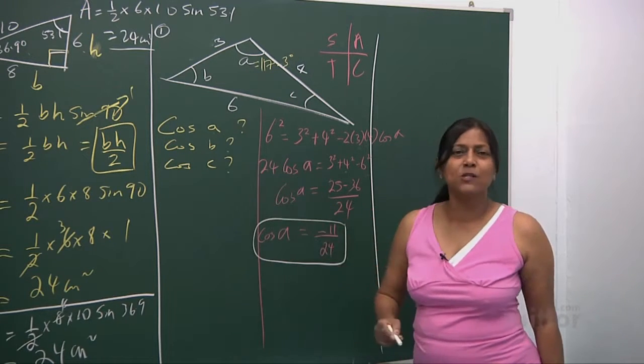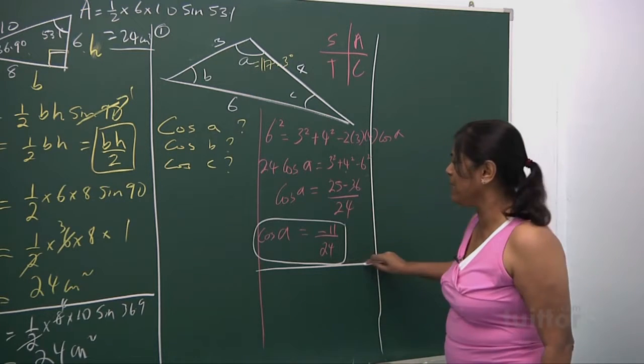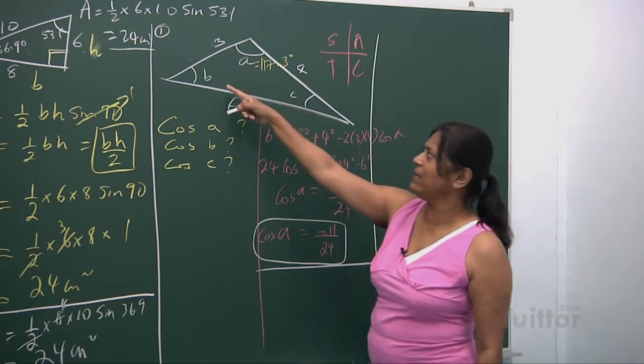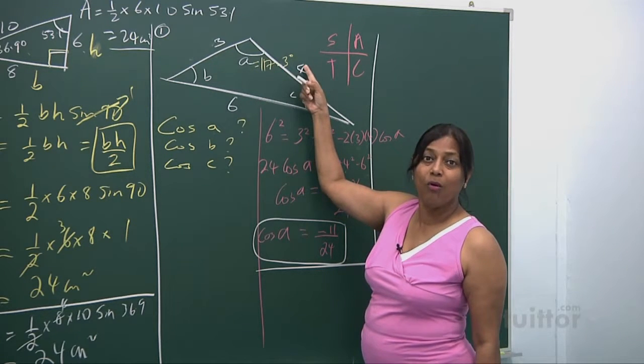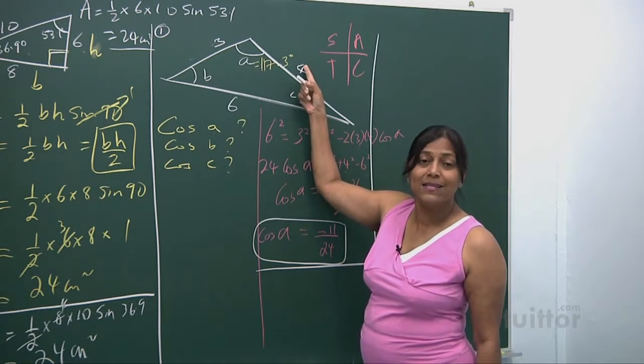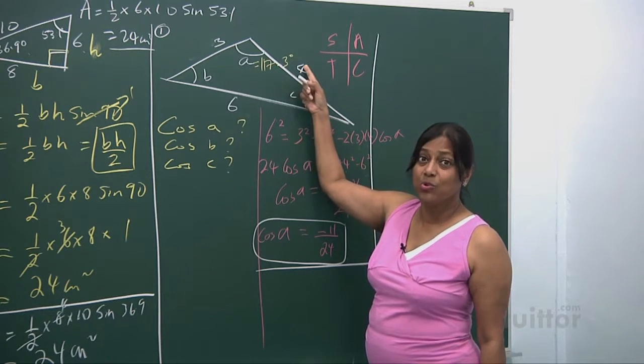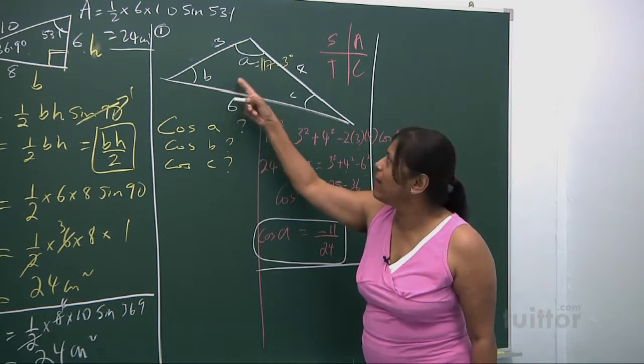Now let's find cos B. How do you do cos B? Who's got to be the leader? B is facing 4. That's the important hint in the cosine rule. B, who are you facing? 4.